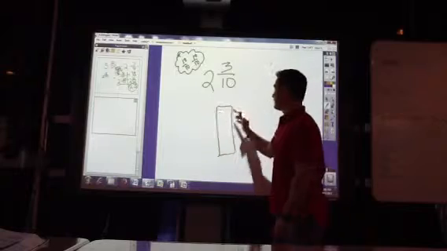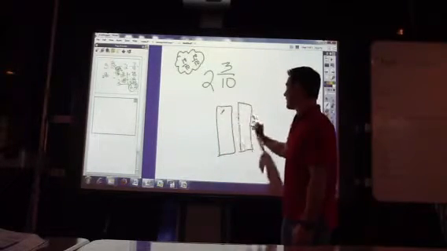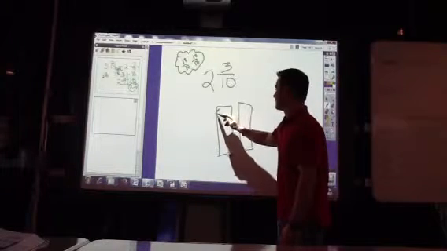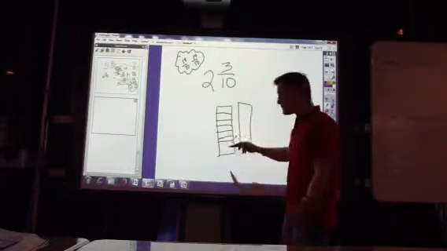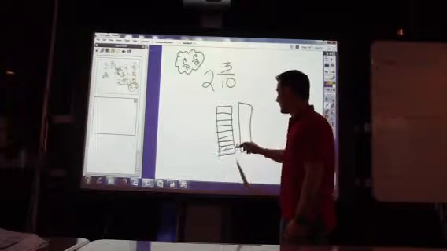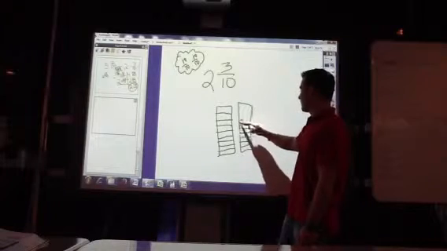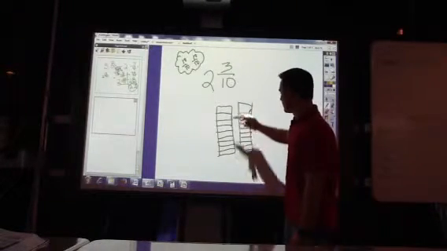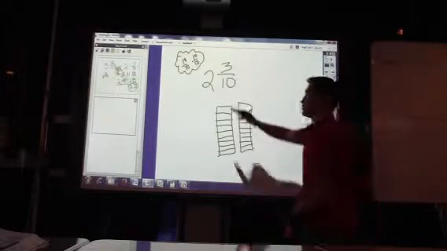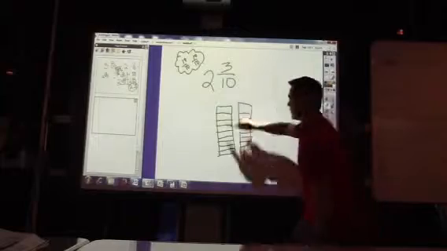So I'm going to draw this answer as a model. We're going to divide these up into parts of 10. So I have 1, 2, 3, 4, 5, 6, 7, 8, 9, and 10. I'm going to try to make them as equal as I can here on my smart interactive Promethean board. So I have 10. It says 2 wholes. So I'm going to color them all.